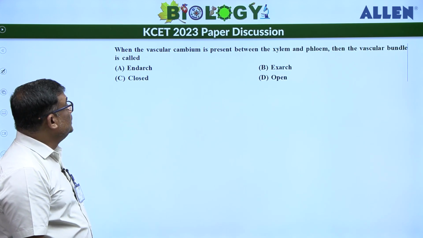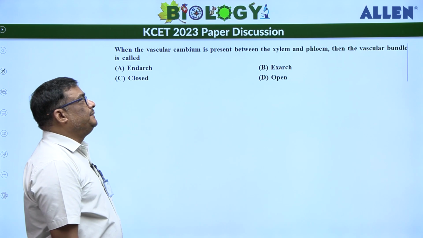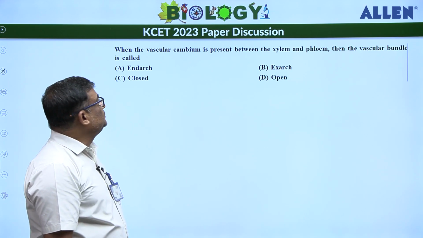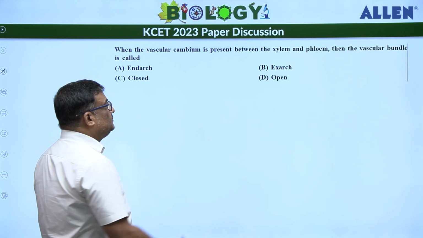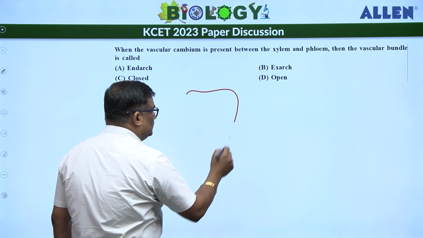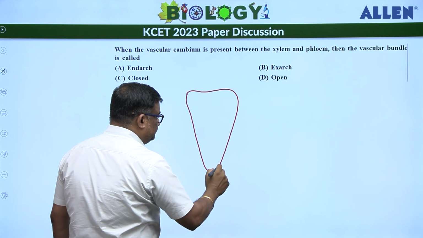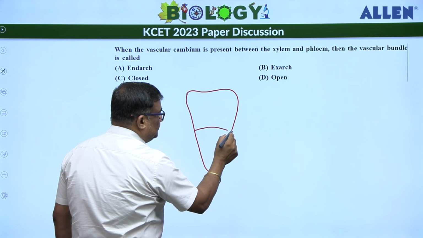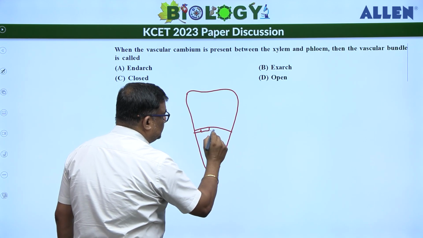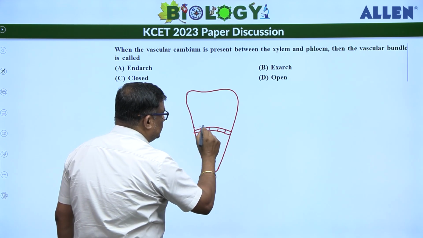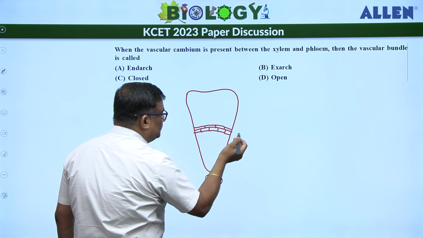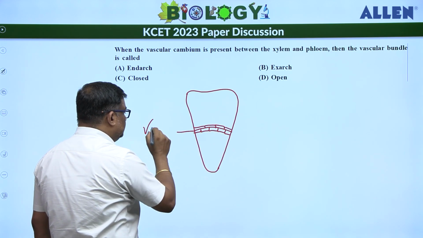Next one. When the vascular cambium is present in between the xylem and the phloem, then the vascular bundle is called. Vascular bundle means there is vascular cambium, xylem and phloem, and cambium is going to be present in between.